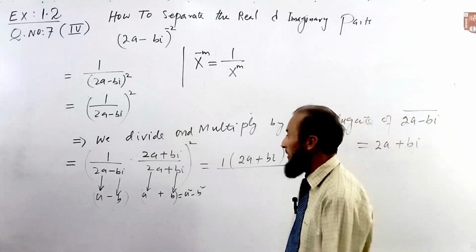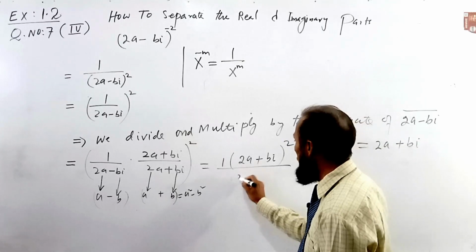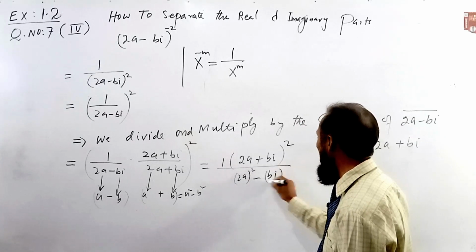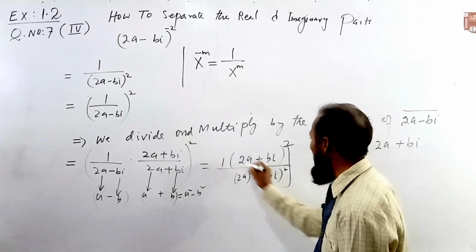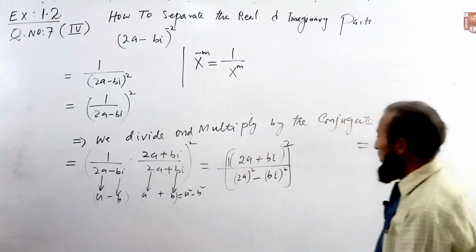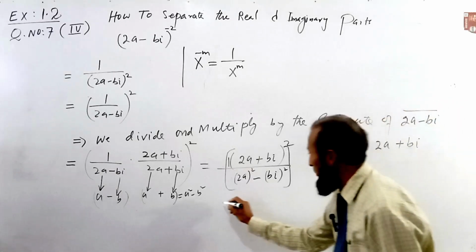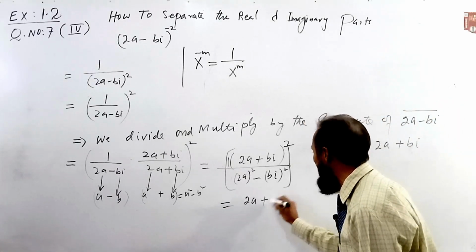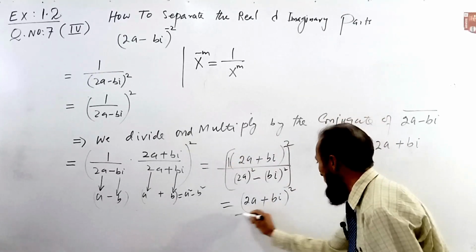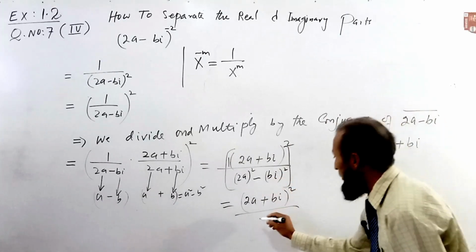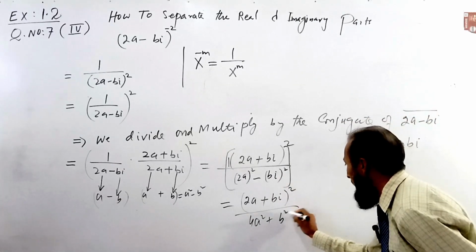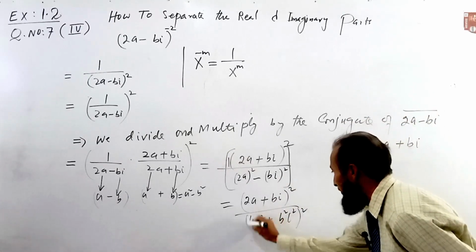We reduce the denominator into the form of this formula, (2a) whole square minus (bi) whole square, and taking the whole square. Now expand these two terms. We get 4a square minus b square iota square, whole square.